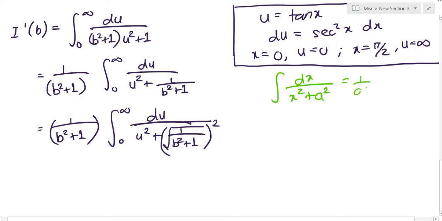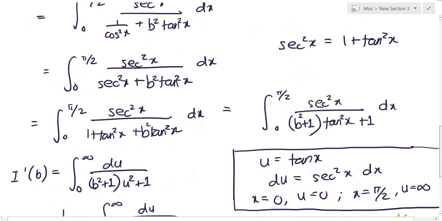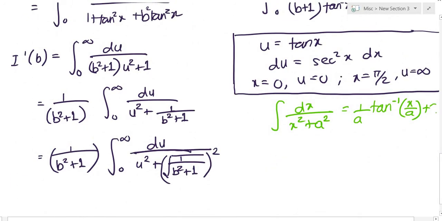We have 1 over a times the inverse tangent of x over a plus, oops, a constant of integration, obviously.